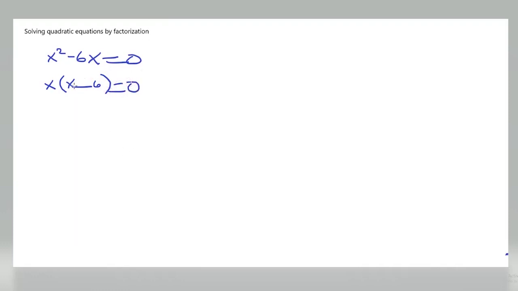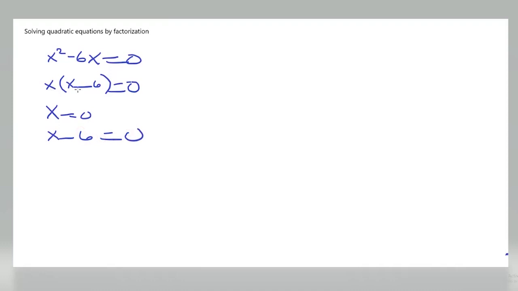Then what does it mean? It means I have a product of x and x minus 6. So when one of these two is equal to 0, this means x is either equal to 0 or x minus 6 is equal to 0.